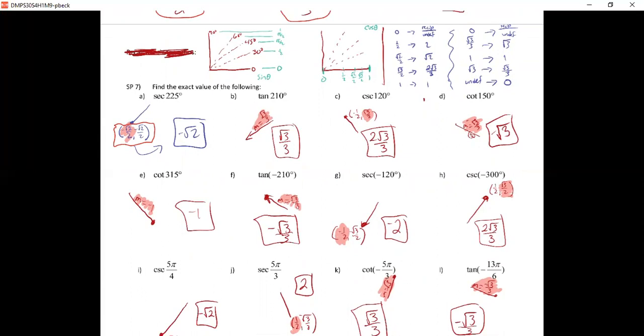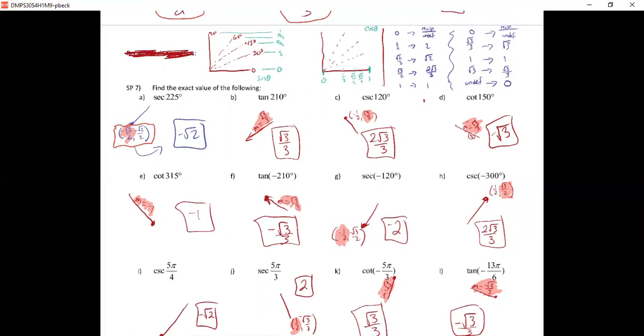210 degrees, what you can see here is I drew a line that had the slope of square root of 3 over 3. And you can still do this as y over x. I know I haven't shown as much here, or at least in the video notes, I focus on that slope, but knowing that slope is very, very beneficial. So that slope, by the way, I'm drawing up here.